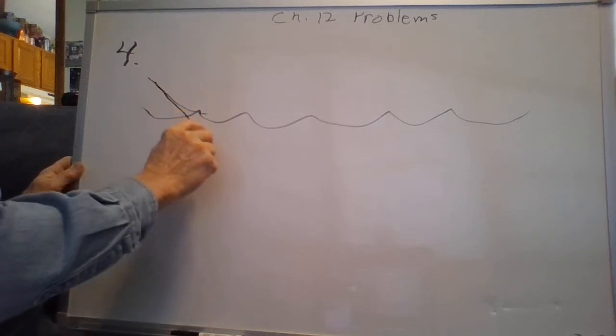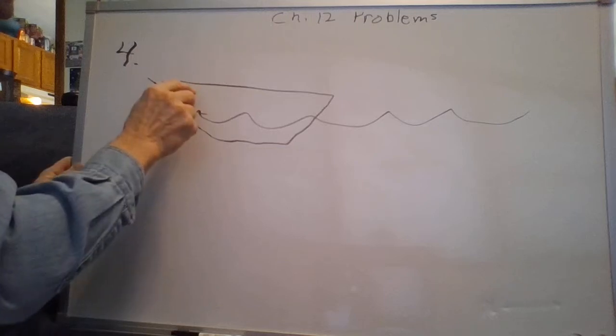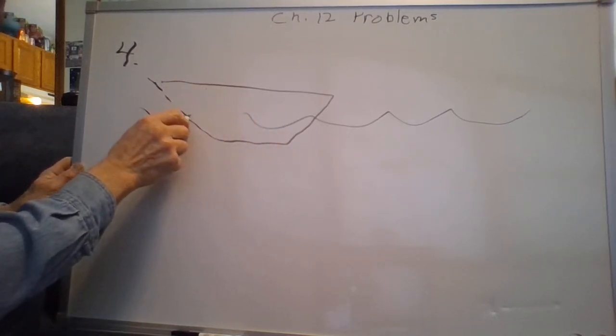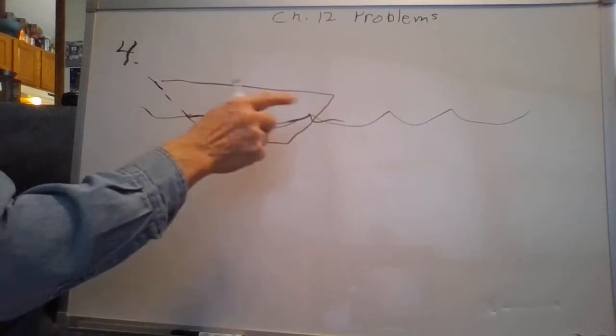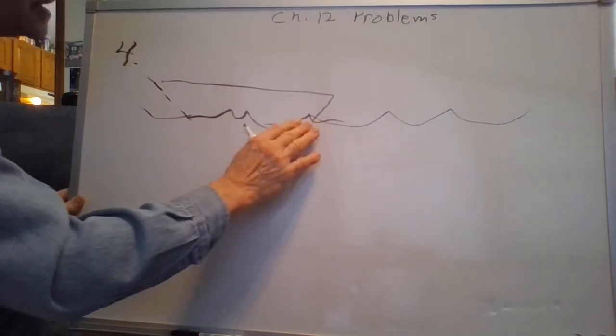Let's see, the ship's going to be partly underwater, right? The waves, maybe. Yeah, you're already laughing at my drawings. Okay, I guess you would see them on the side of the ship. You wouldn't see the bottom of the ship, though, would you?